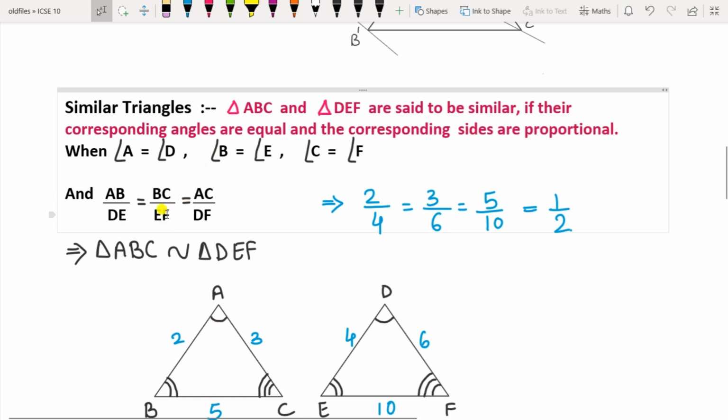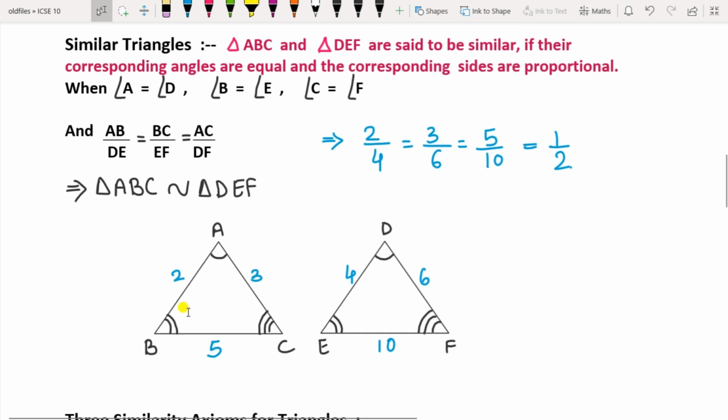So what is meant by proportional? If you take the ratio of these sides, that should be equal to some constant number for all the sides. So that is called proportional. In this case, ABC is a triangle with sides 2, 3 and 5, and DEF is a triangle with sides 4, 6 and 10. So angle A is equal to angle D, angle B is equal to angle E, and angle C is equal to angle F, and AB upon DE equals AC upon DF equals BC upon EF, and that is equal to 1 by 2.